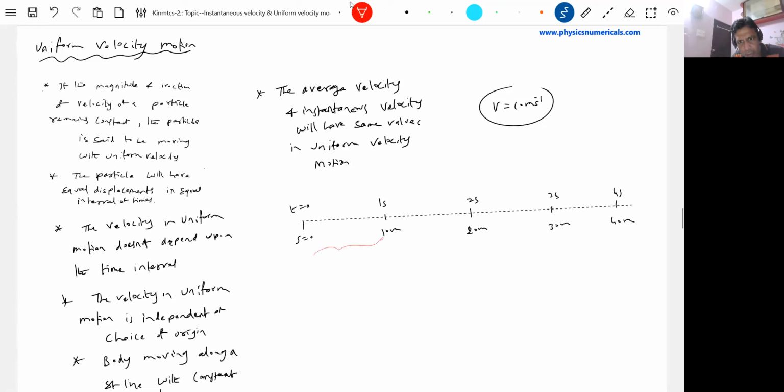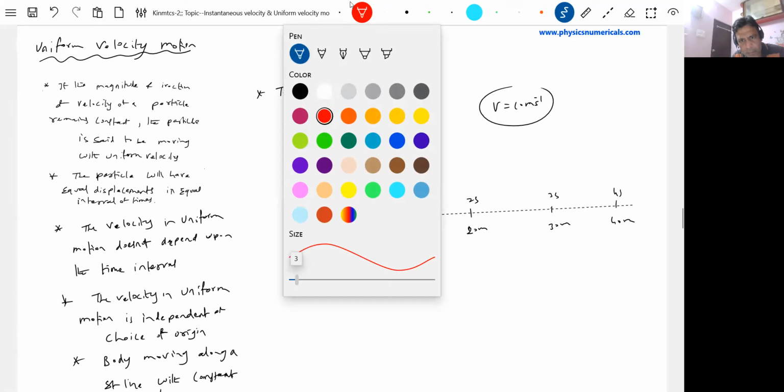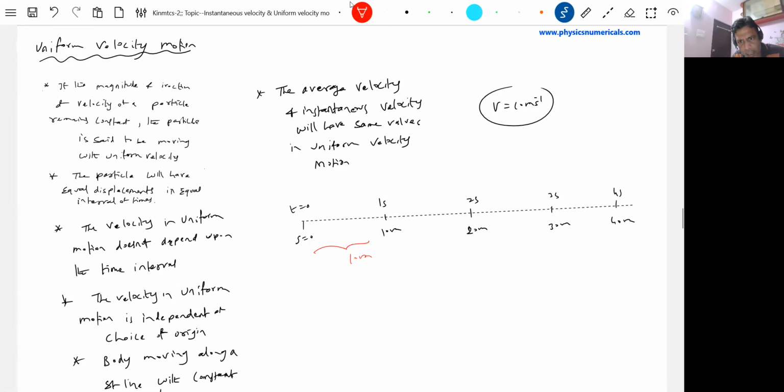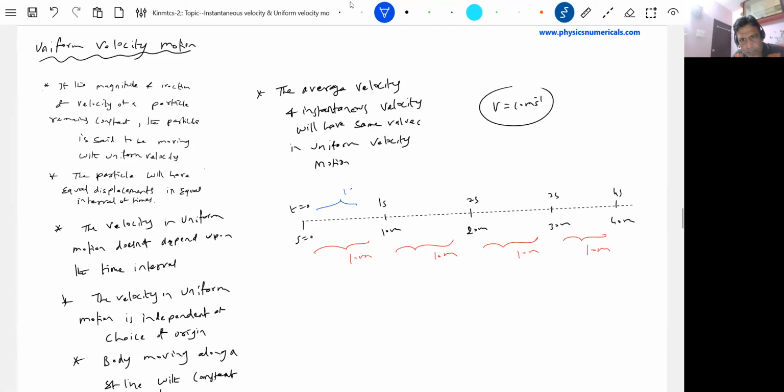So what is the distance covered? You can see here: 10 meter, 10 meter, 10 meter, 10 meter. Now what about the time interval? 1 second, 1 second, 1 second, 1 second. You calculate average or instant velocity.